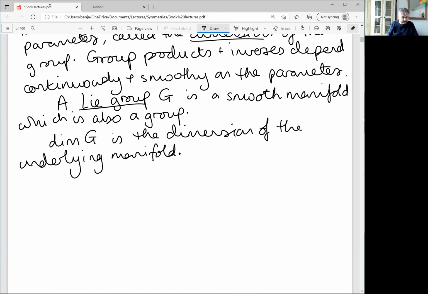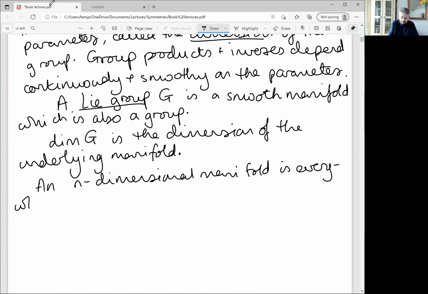The important thing for us here is that an n-dimensional manifold is everywhere locally isomorphic or equivalent to R^n. So just n-dimensional Euclidean space.